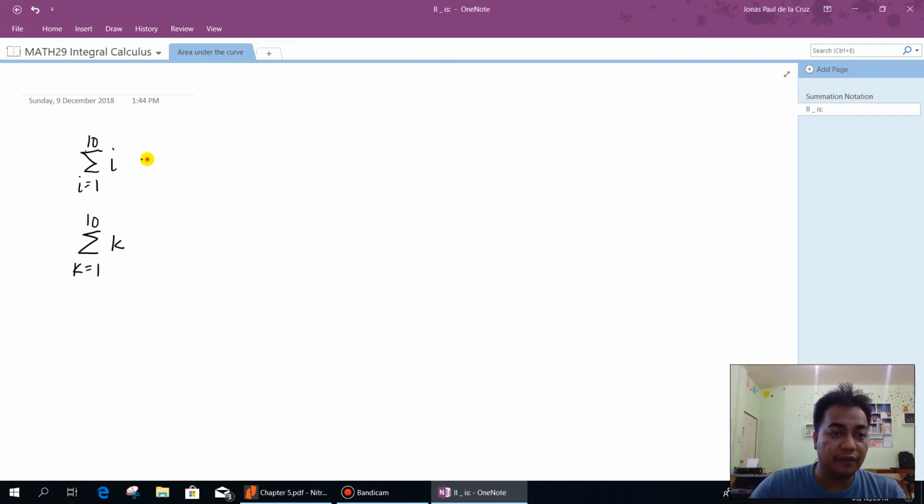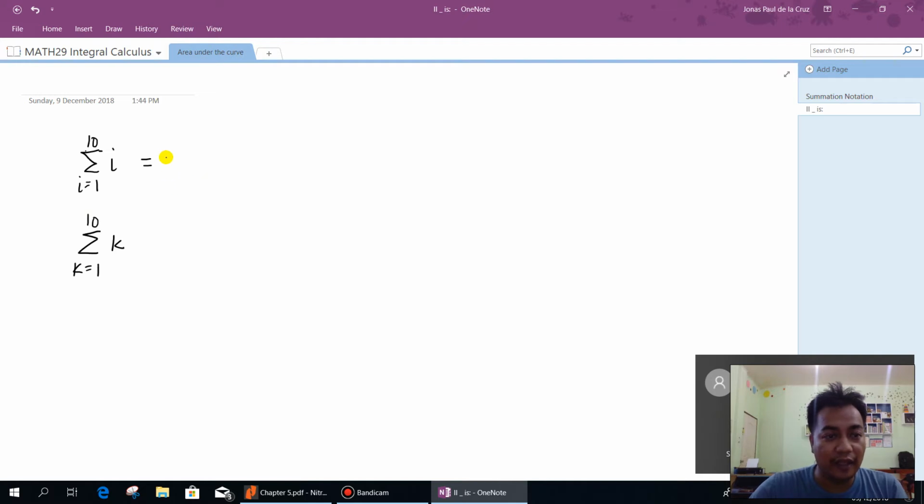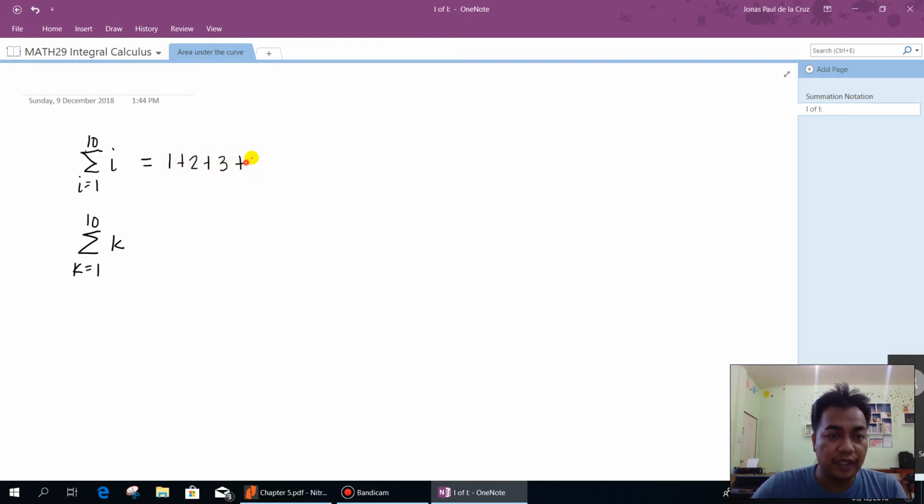Okay, so for the first summation, if we want to expand this, yung I daw natin magsisimula from 1 and then it will end up until 10. So this is 1 plus 2 plus 3 plus 4, then plus 5 plus 6 plus 7 plus 8 plus 9 plus 10.